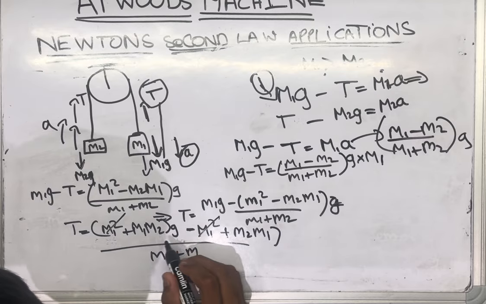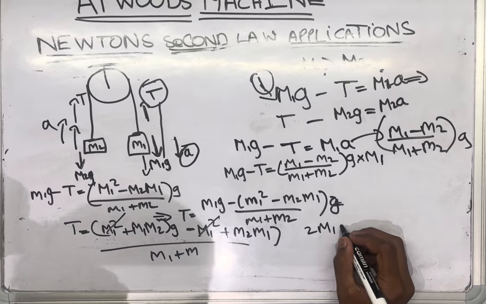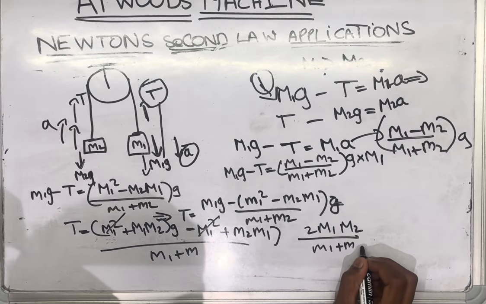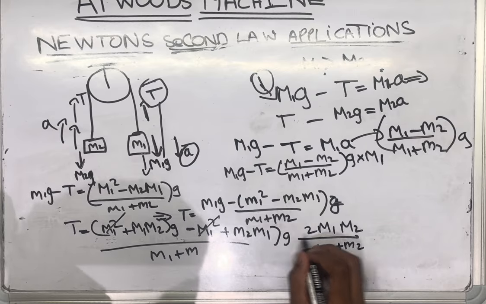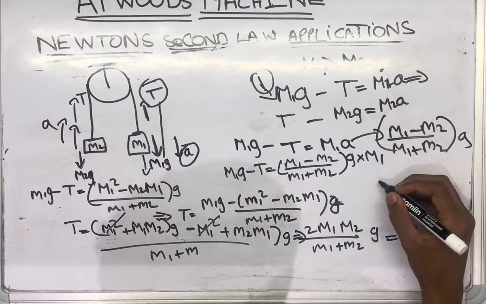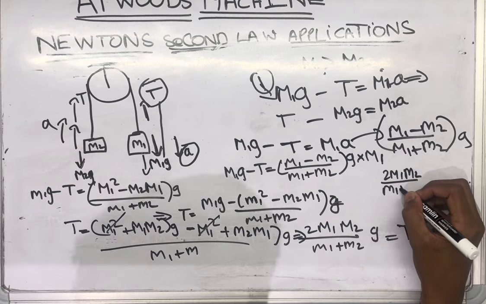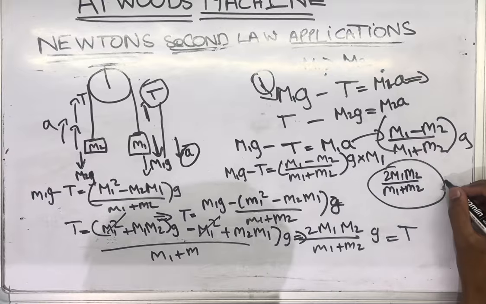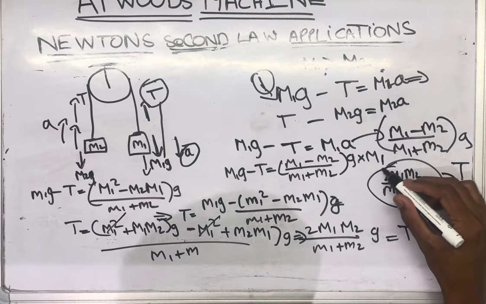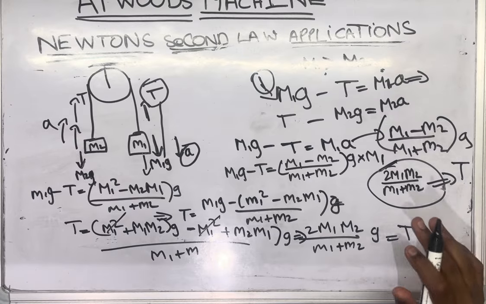This and this get cancelled, these both get added, so 2 M1 M2 by M1 plus M2 into g we found out as tension. So 2 M1 M2 by M1 plus M2 into g is equal to tension. This is a universal formula. It can be applicable to any question you are trying.